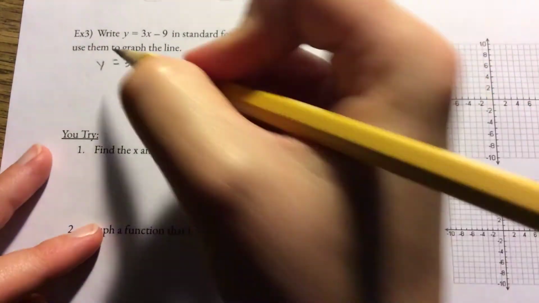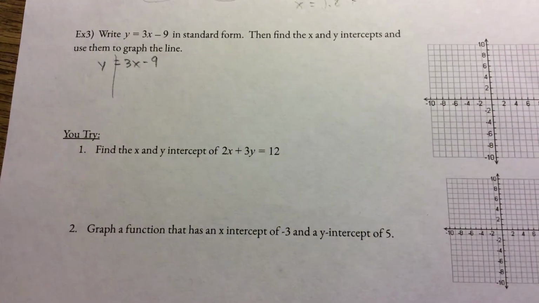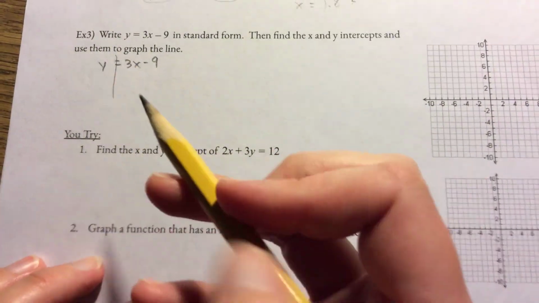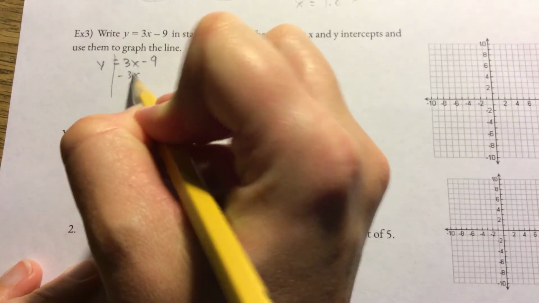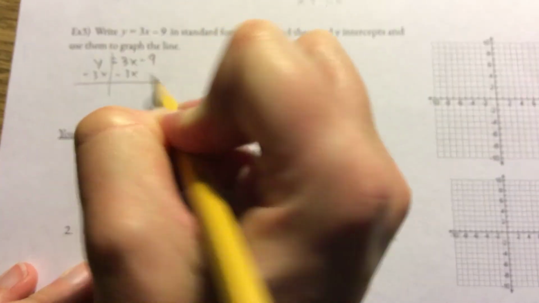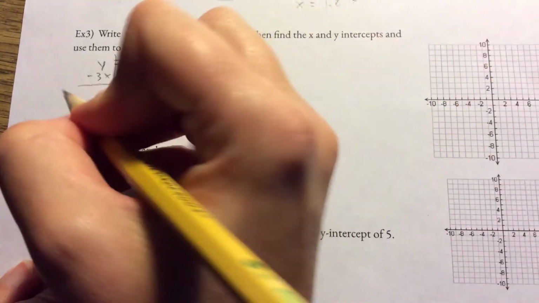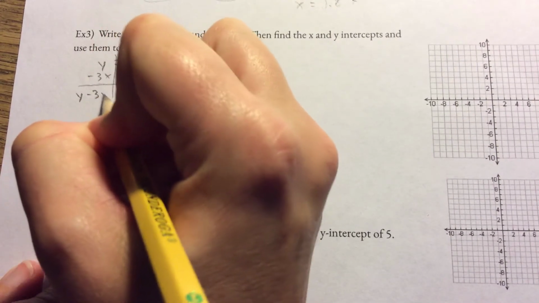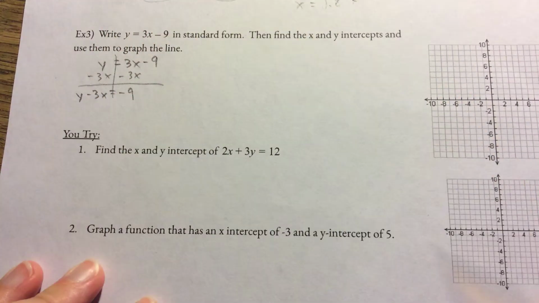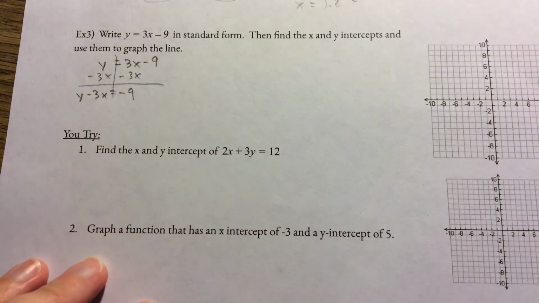If I want to get the x's and y's all on the same side, I'm going to move this 3x over to this side. So I'm going to do that by subtracting. I can't combine those because one's a y and one's an x, so I'm going to just rewrite it like this. So now we have it in standard form.